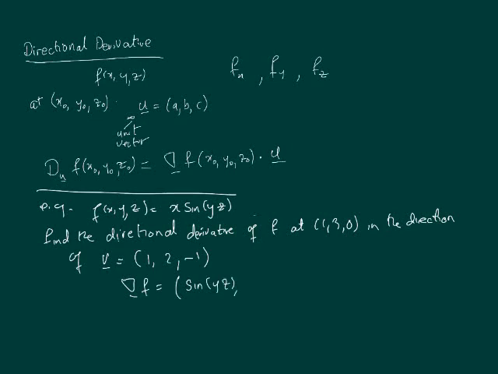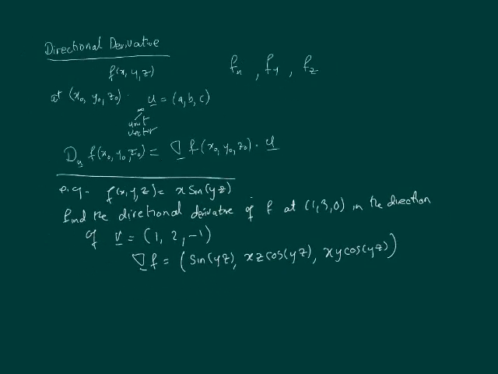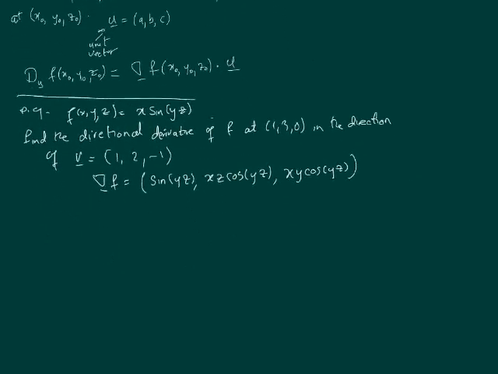Then it's the y derivative, so that's going to give me x z cosine yz. Okay, and the z derivative is going to be x y cosine yz. So first of all, that's my gradient.